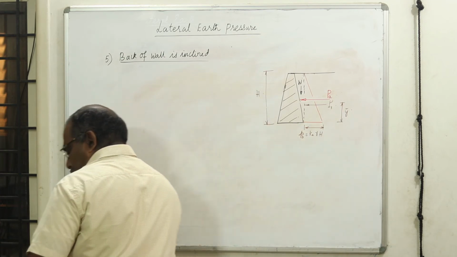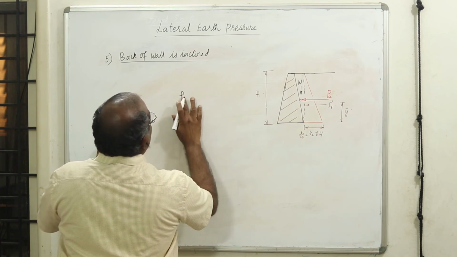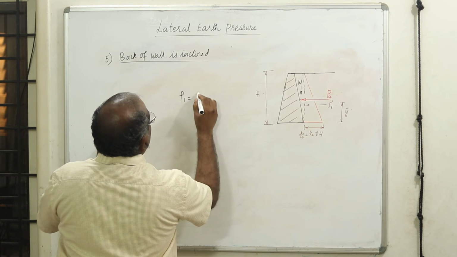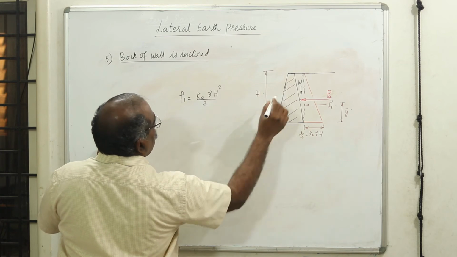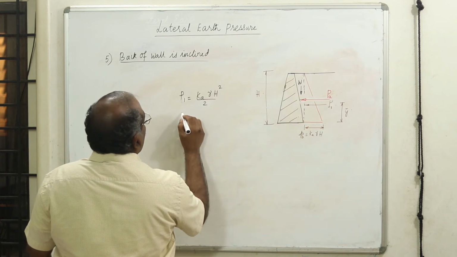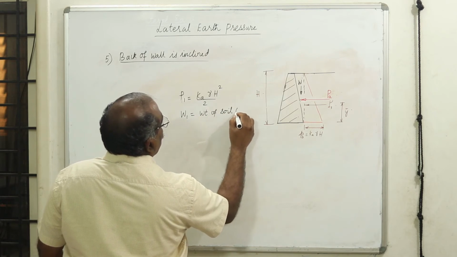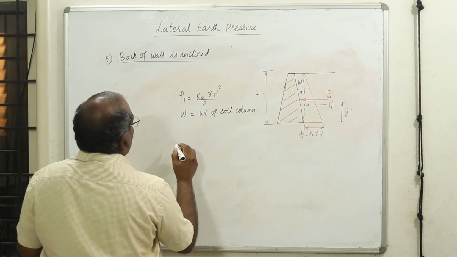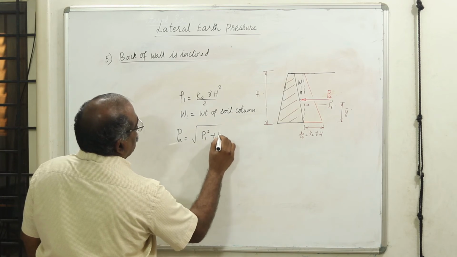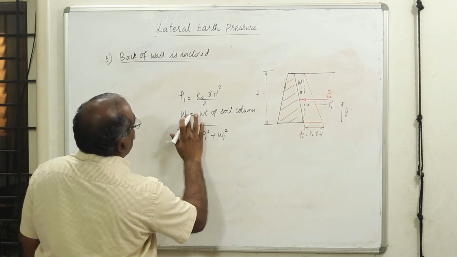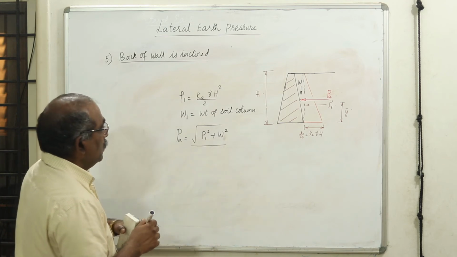Now, please understand that P1 is Ka gamma H square by 2. That is the area of the pressure distribution diagram. And your W1 is the weight of soil column behind the retaining wall. Therefore, your thrust PA is equal to root of P1 square plus W square, sorry, W square on the weight. This is the way how you get your thrust.